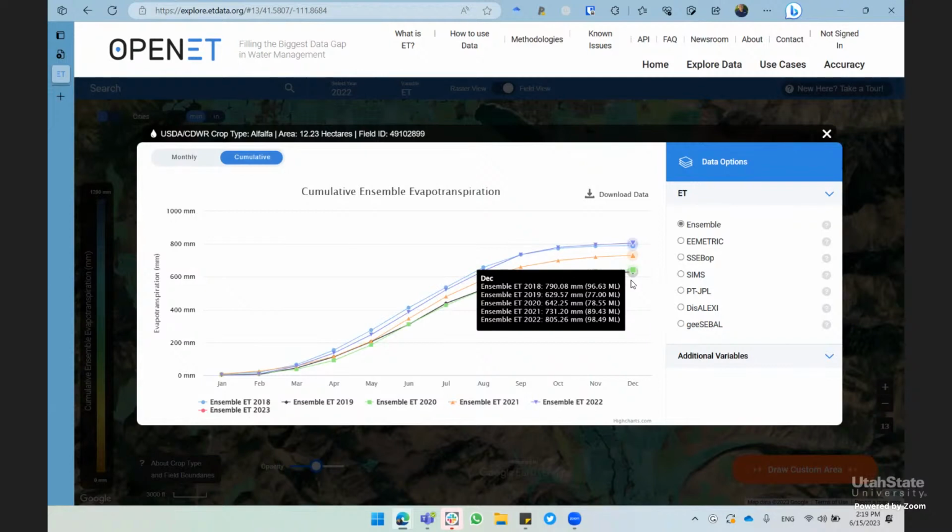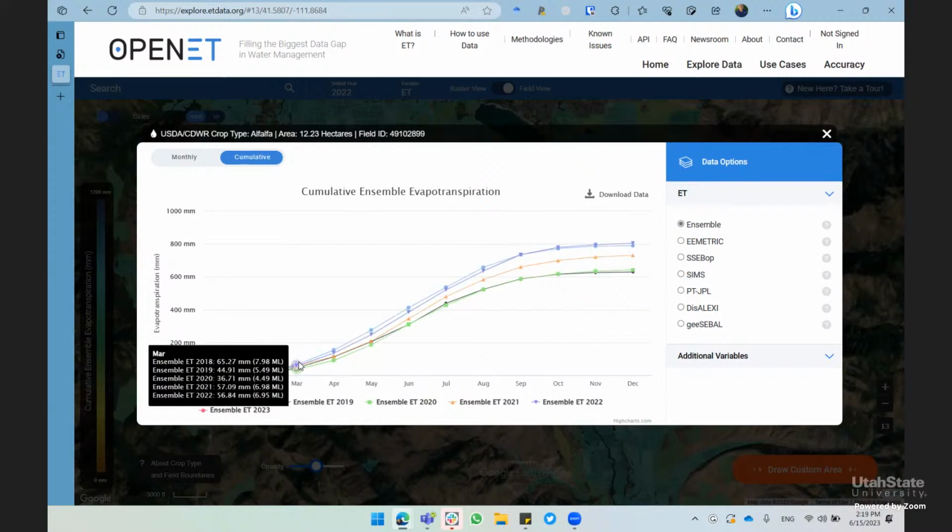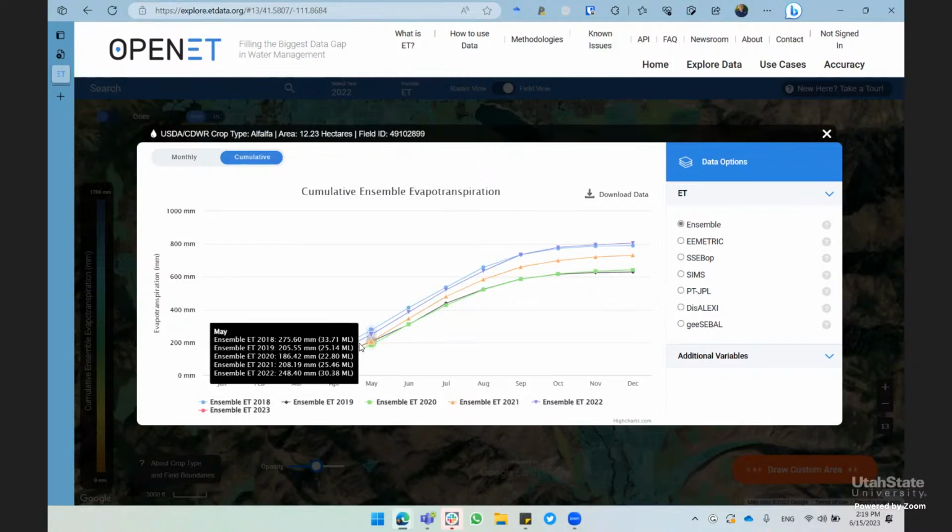So that's the goal of OpenET, to provide this database free of charge. So from the state government to the producer, everybody has the same numbers. So it's not that the producer might be using metric, the state is using another unit, everybody has the same numbers.